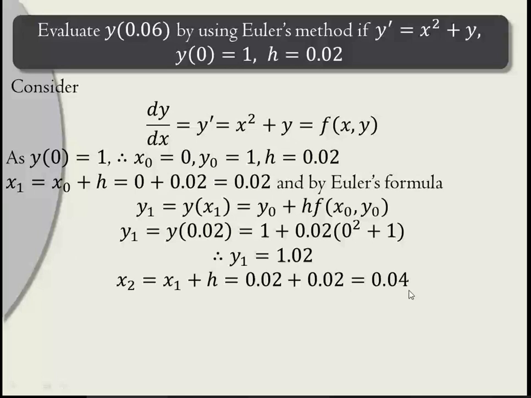Find y2 by using Euler's formula. So y2 will be y1 plus h into f of x1, y1. Substitute y1, x1 and h into this formula.